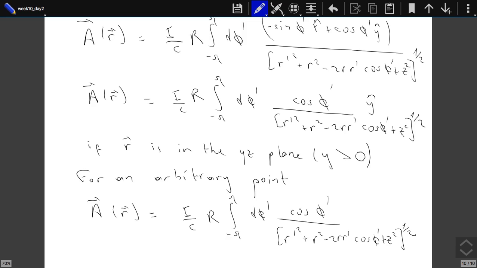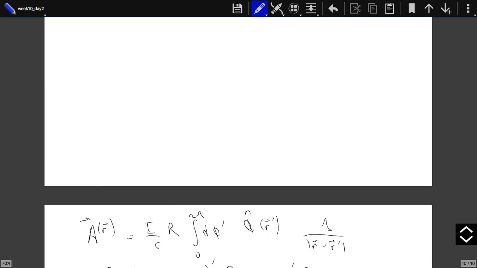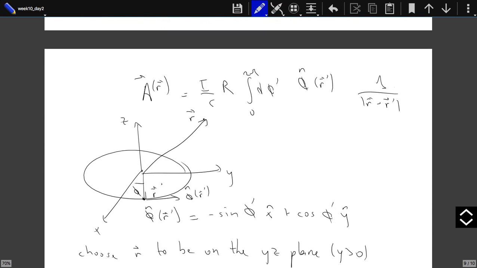You see, y hat vector, let's go back over here.